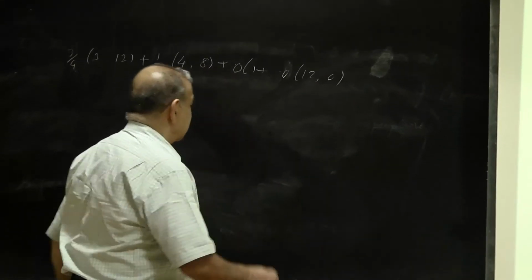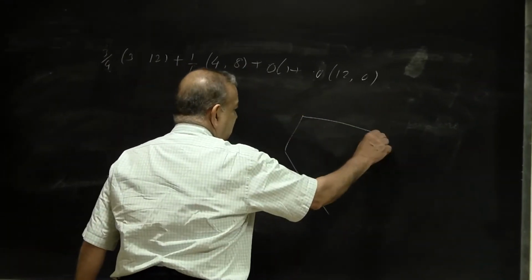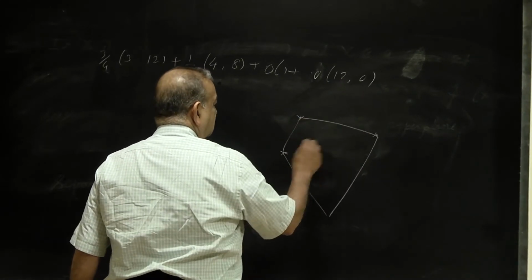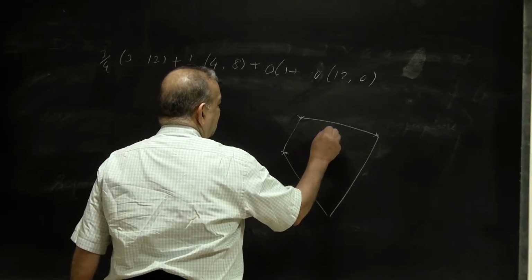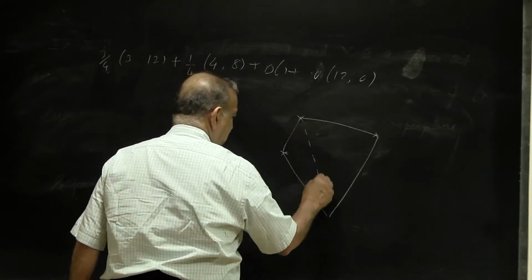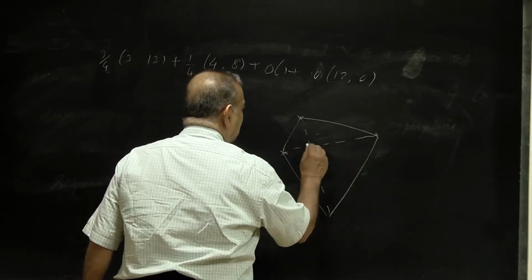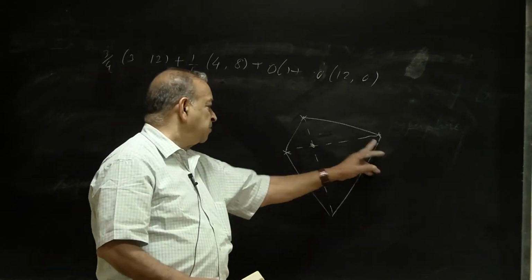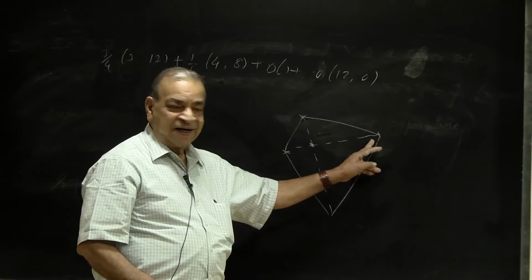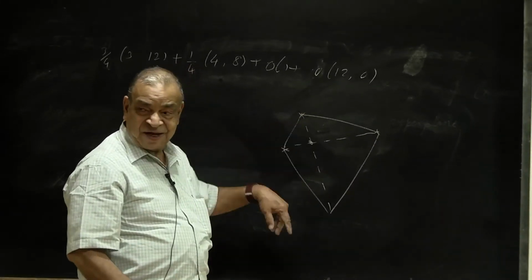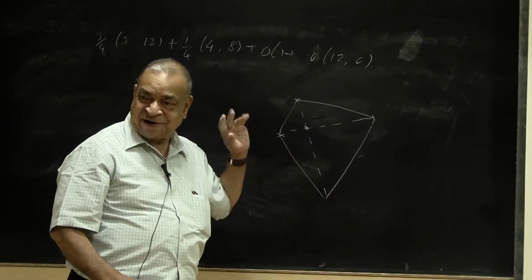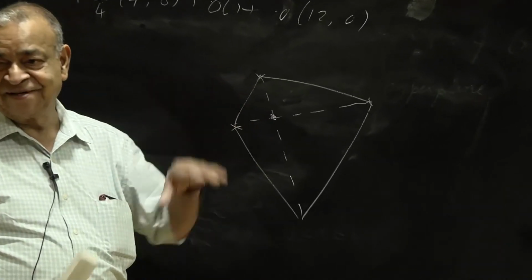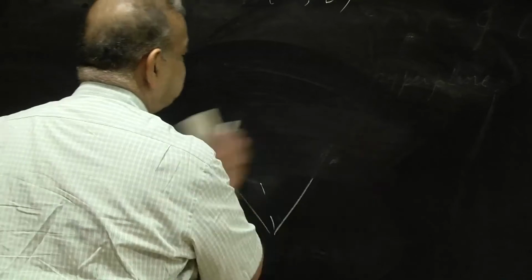The simple reason is, suppose you have a set, and you took this point. This point can be represented by the line joining this, and it is also on the line joining this. So there may be more than one way of representing the same point, but its effect is the same in some sense.